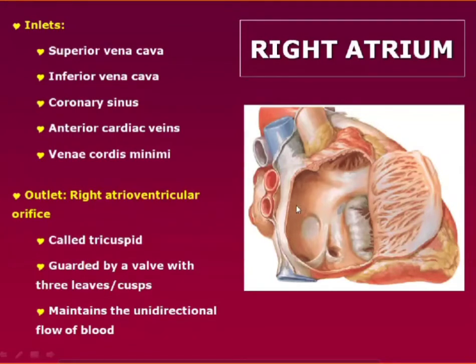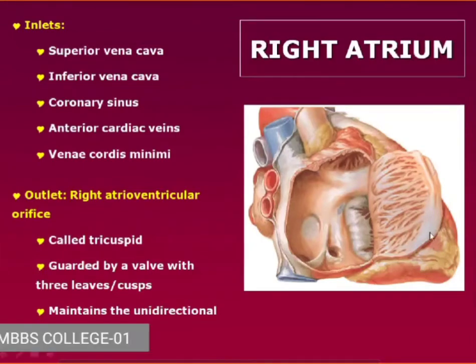And then in the interior there is an atrioventricular orifice which is guarded by the tricuspid valve, and the septal wall which has fossa ovalis and limbus fossa ovalis. And also there is a torus aorticus, which is produced by the non-coronary, right posterior aortic sinus.